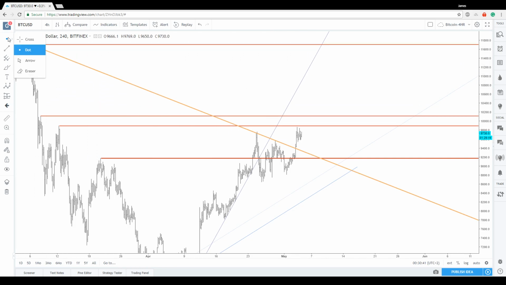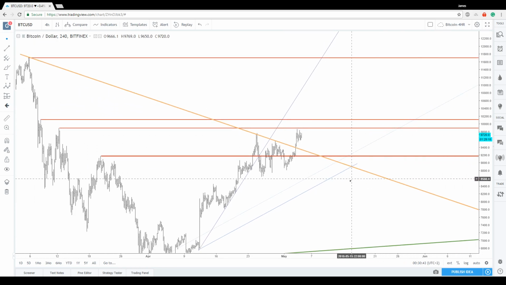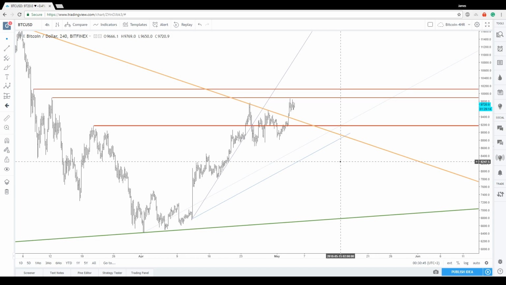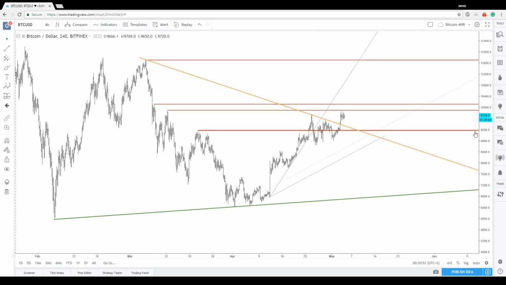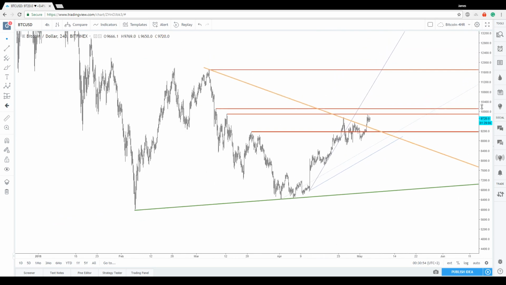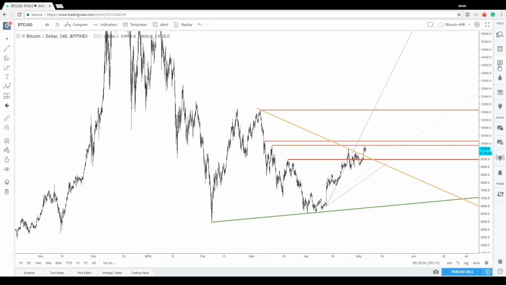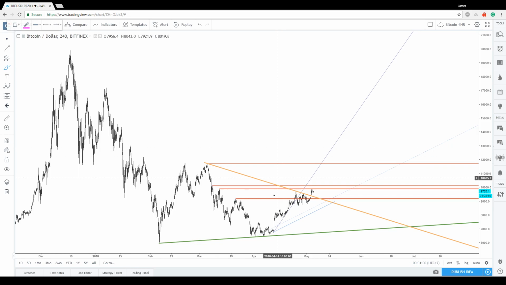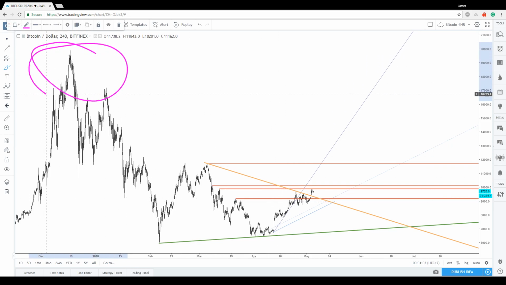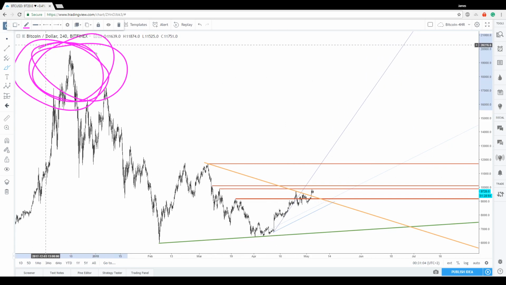However, what I have said in my prior videos is that if we consistently are making higher lows and higher highs, we're obviously in a bull market. If we're in a bull market, we could easily run it to the end of the year, and then we could start to rival this 20,000 top.